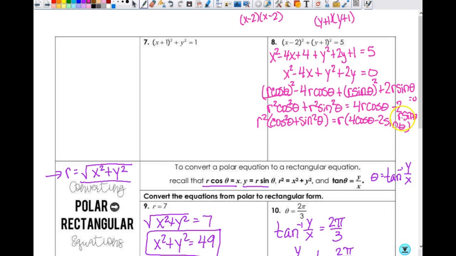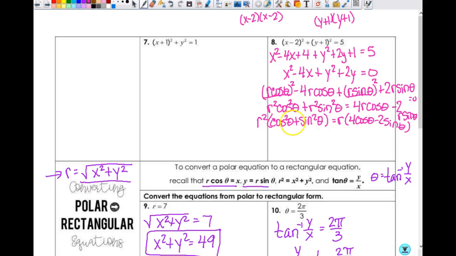I did 2r sine theta. Oh, yes, you can. But it wouldn't really matter either way. Since I didn't, I'm not going to change it, but yes, I probably should have.